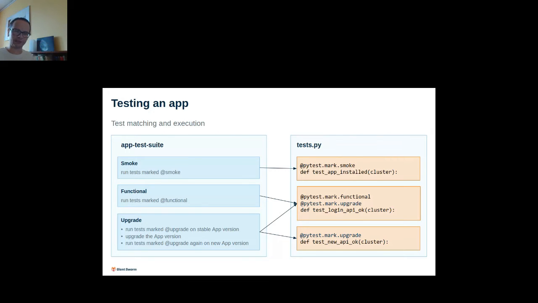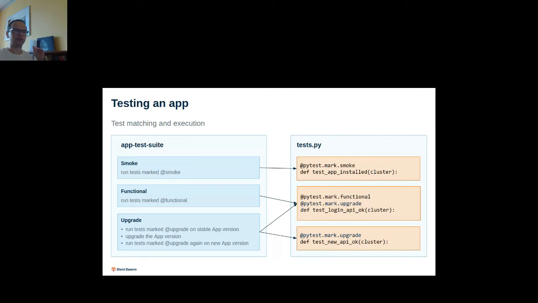So you can check the cluster apps that are there. You basically get full API access to this cluster. And now we marked our three tests: the first one as smoke, the second one as functional but also upgrade, and the third one as upgrade only. And that's it. You only declaratively say, please run this test as part of the functional scenario or upgrade scenario. And now uptest suite takes care of executing them in the right order.